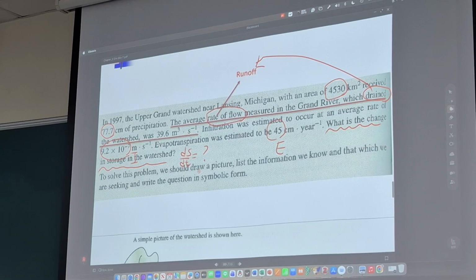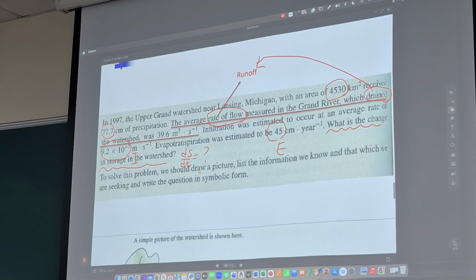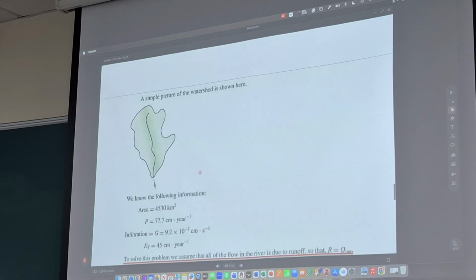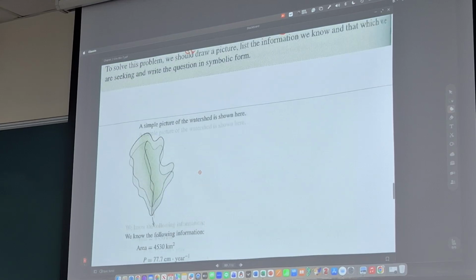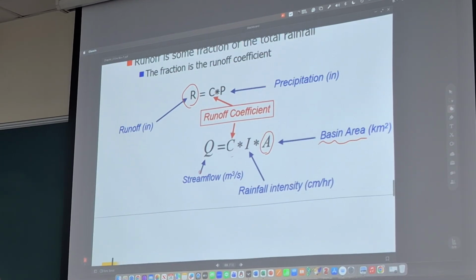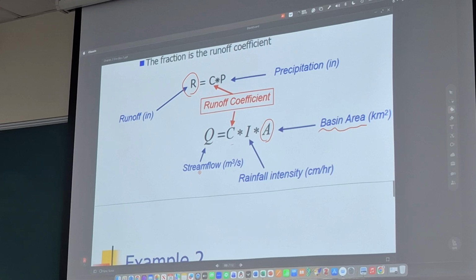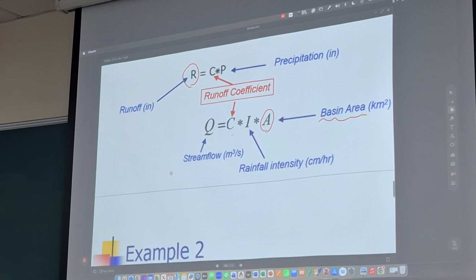This question asks us to calculate dS/dt. Understand? So let's see the answer. Let's see the questions.